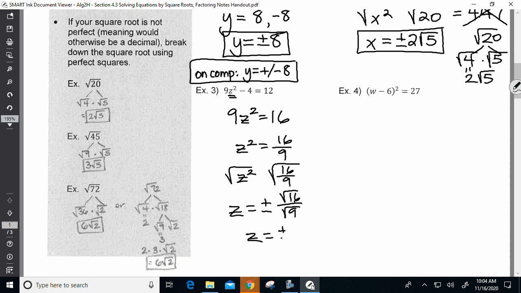Square root of 16 is 4. Square root of 9 is 3. And that's it for example 3.